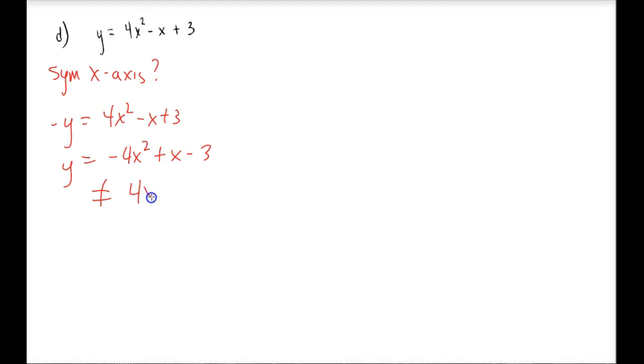And of course, this is not the same as what we originally had. Okay. So no symmetry about the x-axis. And of course this makes sense because if we had symmetry about the x-axis, this would not be a function, and we know that it is a function, so that shouldn't have worked anyway.